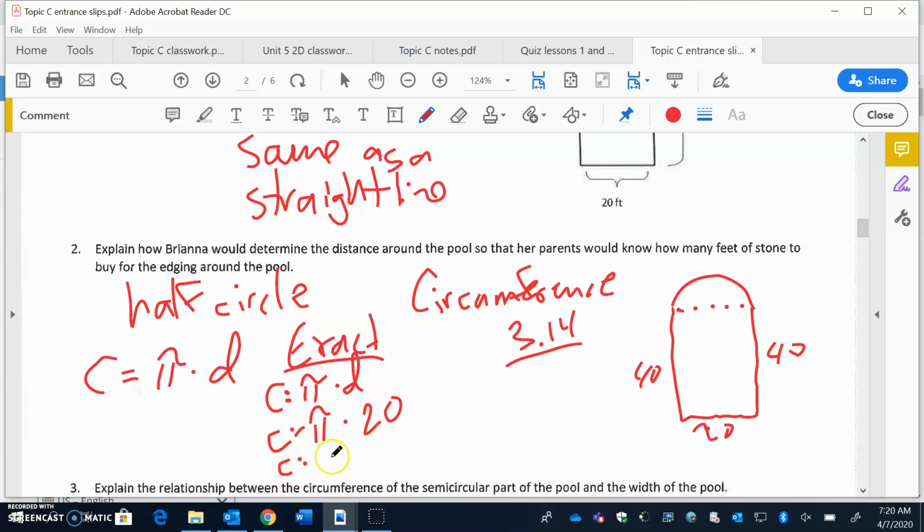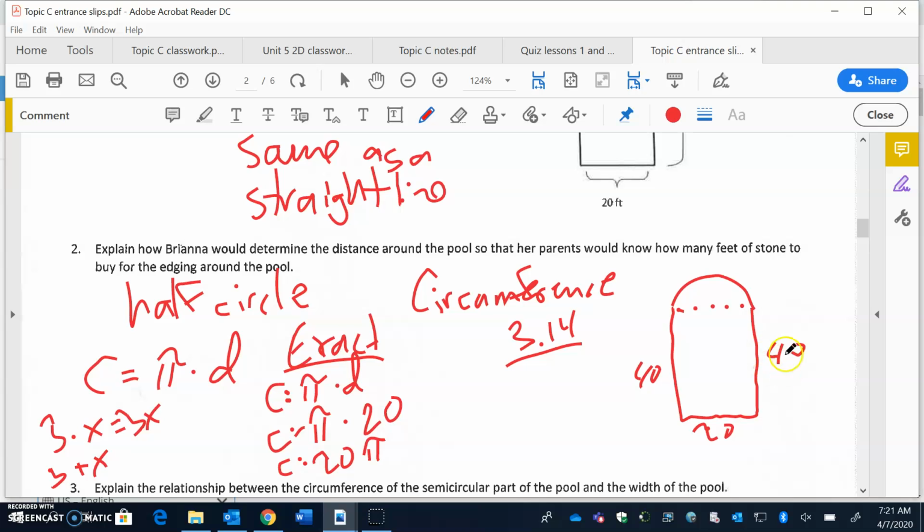So what's 20 times pi? It is 20 pi. It's just like a letter, like we had said. So if you have 3 times x, you would say 3x. If you wanted to do 3 plus x, can you add those two together? No, you can't. They're not like terms. You just leave it as 3 plus x.